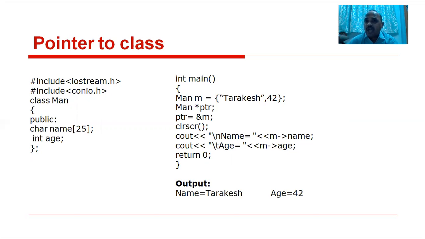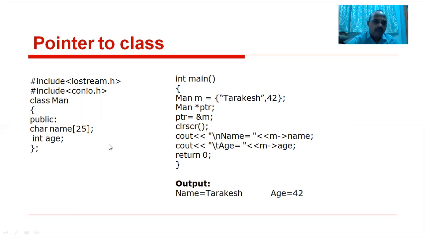Here, the starting address of the member variables can be accessed. Thus, such variables are called class pointers.